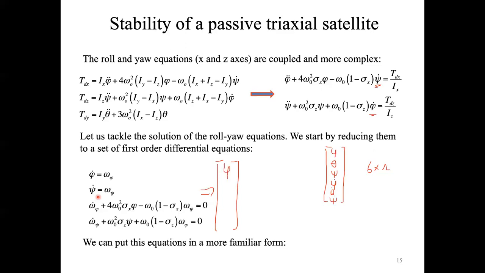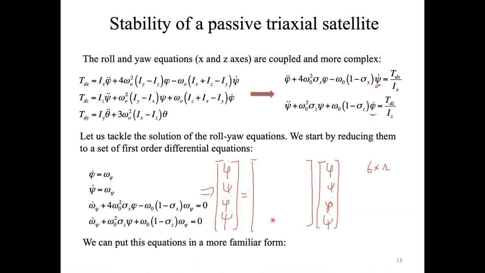You will have phi dot, psi dot, phi dot dot, and psi dot dot equal to a certain matrix that depends on the coefficients, but it's really simple to show, times the other vector, so basically phi, psi, phi dot, and psi dot. So now we have to find out this matrix that is in the next slide.